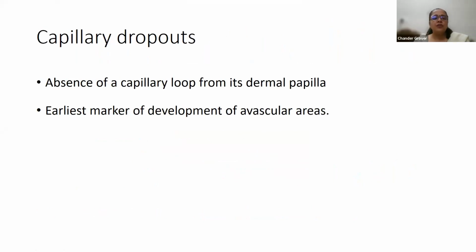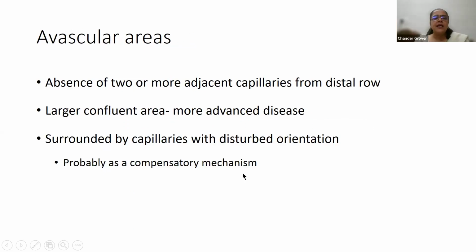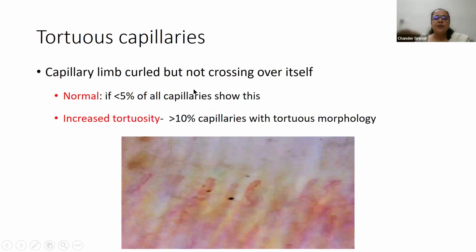Dropout is when a normal capillary loop is absent from a place where you were expecting it. So you see regular capillaries, but one has dropped out. Now, this is a bent, this is a dilated and a tortuous capillary. You see 2 dropouts which are present. It is an avascular area when 2 or more are absent, so that becomes a larger area. We call it an avascular area.